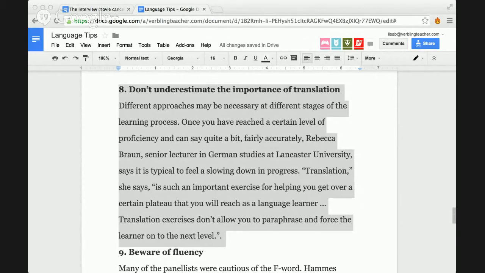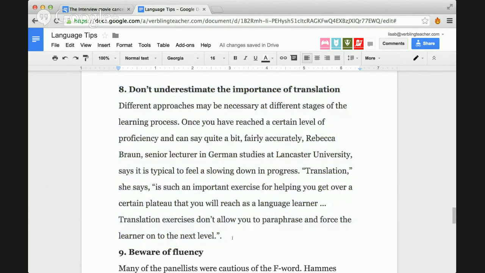Once you have reached a certain level of proficiency and can say quite a bit fairly fluently, Rebecca Braun, senior lecturer in German studies at Lancaster University, says it is typical to feel a slowing down in progress. Translation, she says, is such an important exercise for helping you get over a certain plateau.